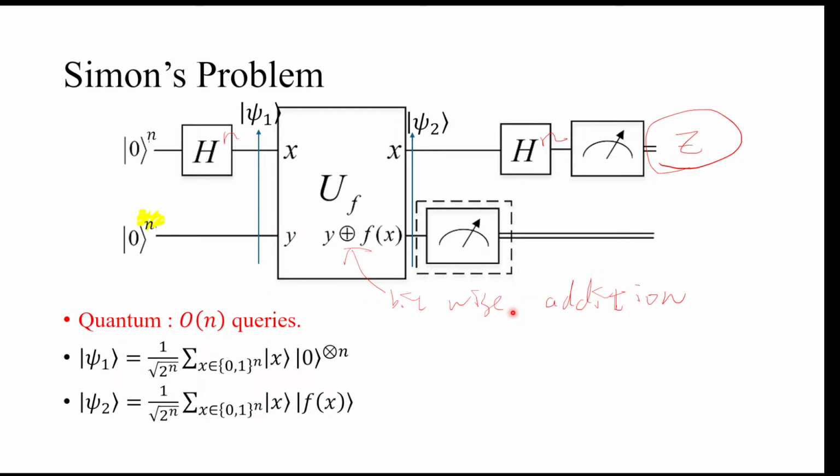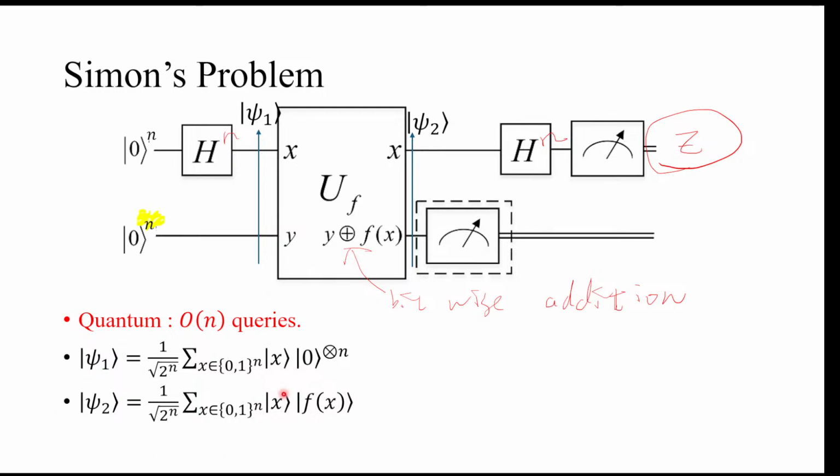Okay, and yeah, so let's see how this goes. So we have a superposition of our input here, and then we go through the quantum oracle. Then we see that we have a superposition of all the inputs and all the outputs. Okay, and yeah, so this is our state 2. And if you just measure everything on state 2, then we know that this is not very useful.